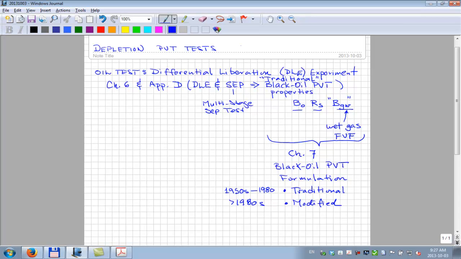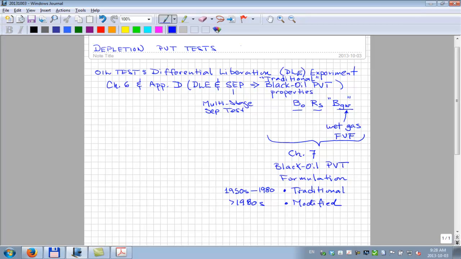Essentially all reservoir simulators, Eclipse, VIP, Sensor, CMG, all of the commercial reservoir simulators allow and generally recommend using the modified black oil tables.